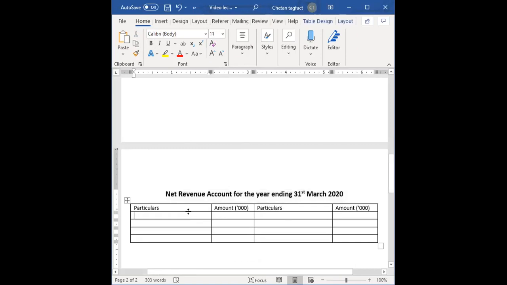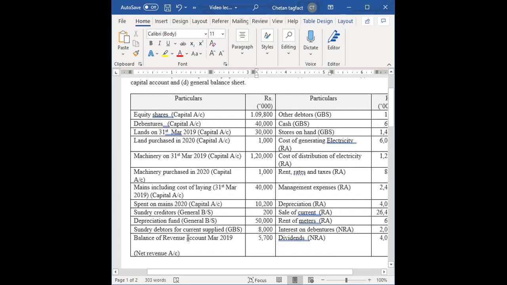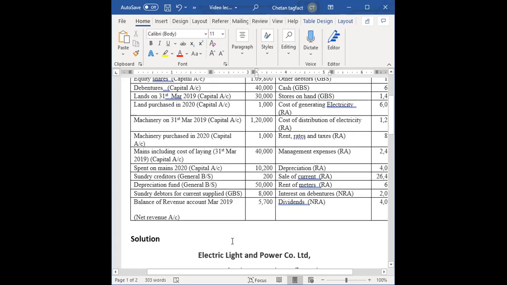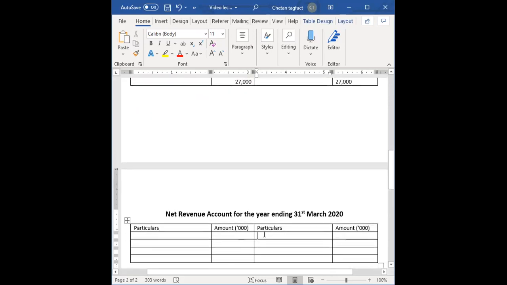As I told you, net revenue account is prepared in lieu of P&L appropriation account. So we are going to consider the appropriations. So first, when you are preparing a net revenue account, you are going to bring down the old balance given in the problem. So in the problem, we have balance of revenue account for March 2019. It is 5,700.